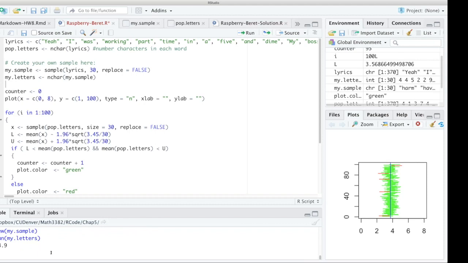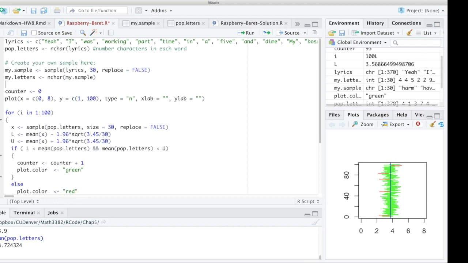That's the whole point of that first question. We're all getting different values of X bar, although the population mean is fixed. If we all enter mean pop letters, we all get 3.72, but we're probably getting slightly different sample means. I'm not expecting you to get a mean of like 6, but maybe 3.85, something pretty close to that.